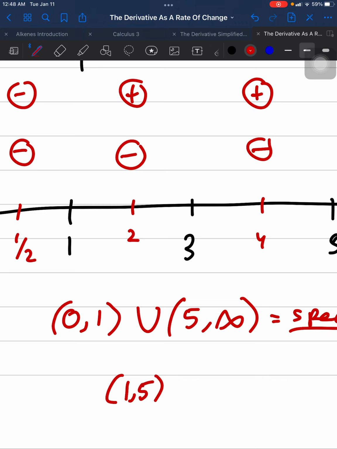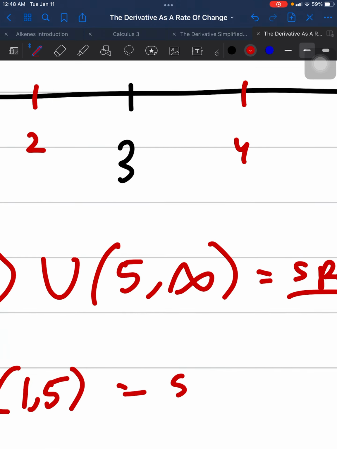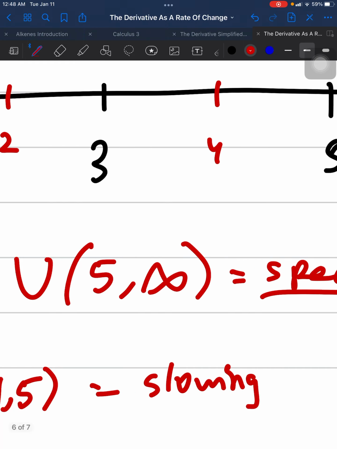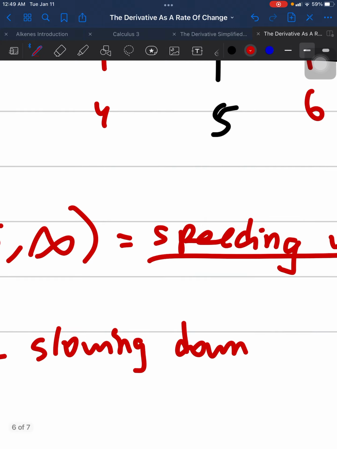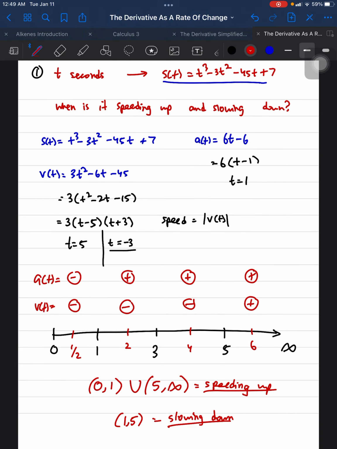In between 1 and 5, once again open brackets because they're roots, the object is actually slowing down since they're opposite signs. And that's basically it. That's the answer.